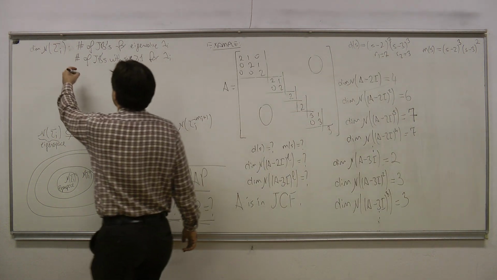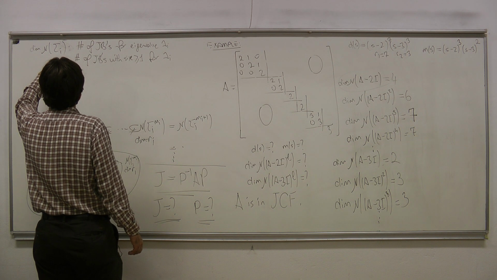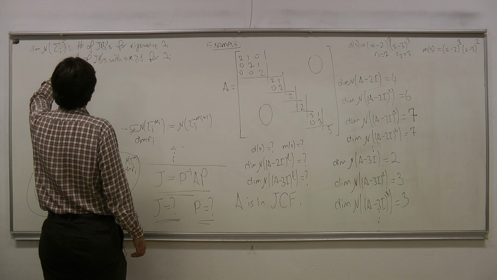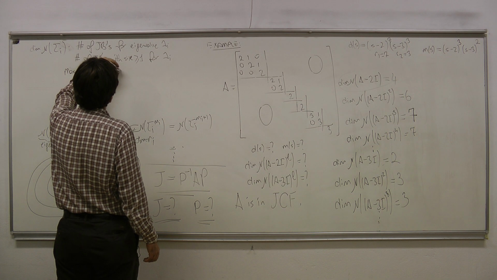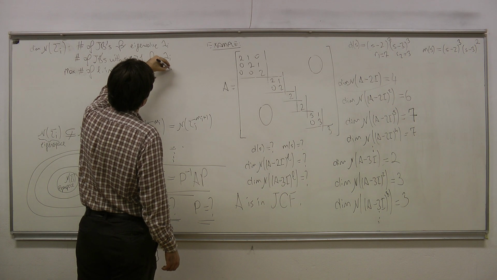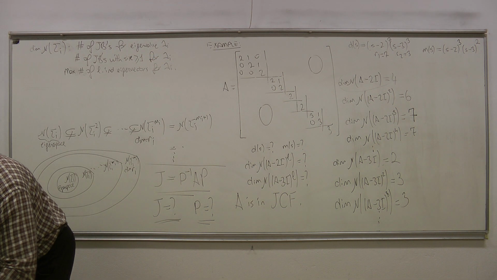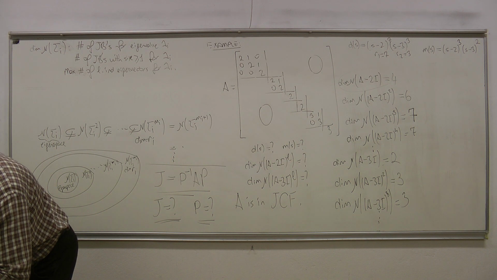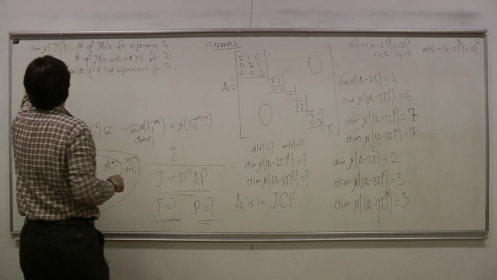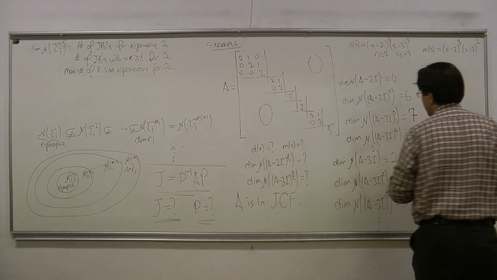This is the maximum number of linearly independent eigenvectors for lambda I. So this single number gives us this information.